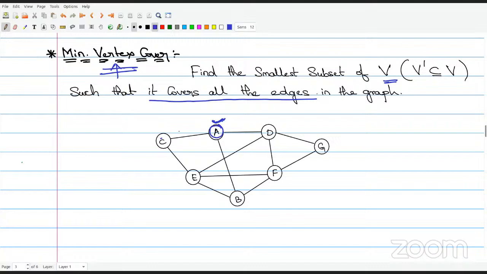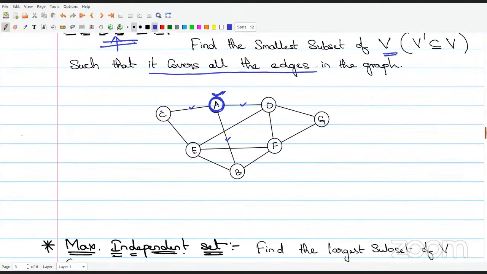If I had selected vertex A, this vertex A covers this edge, this edge, this edge, because for all these three edges, vertex A is one endpoint. So once I pick vertex A into my vertex cover, it covers the edges AC, AD and AB.